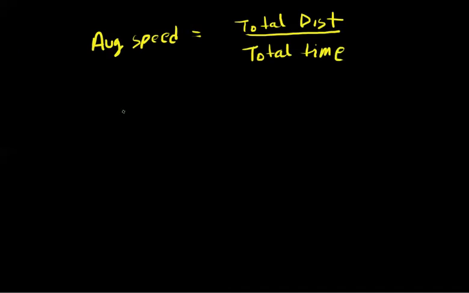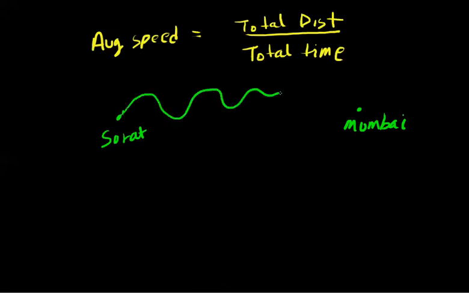Let's say tomorrow morning I start from my house in Surat, and I'm going to Mumbai. I'm going to take the highway, and eventually I will reach Mumbai. Let's assume that the total distance between Surat and Mumbai is 300 kilometers.